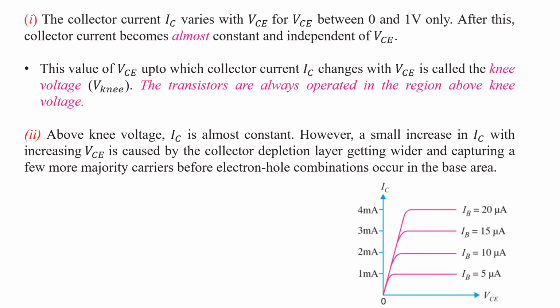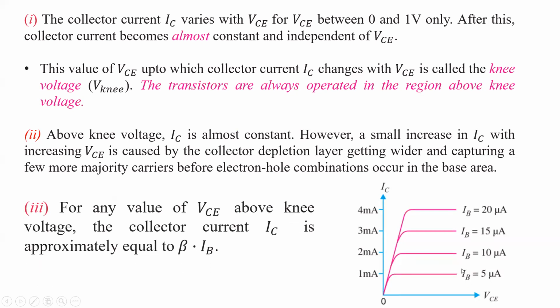So even though the graph looks flat, there will be a small variation of IC with change in VC, but that is not much variation. For any value of VC above the knee voltage, the collector current IC will be almost equal to beta times IB, where beta is called the current amplification factor. We'll see what beta is in the next slide.